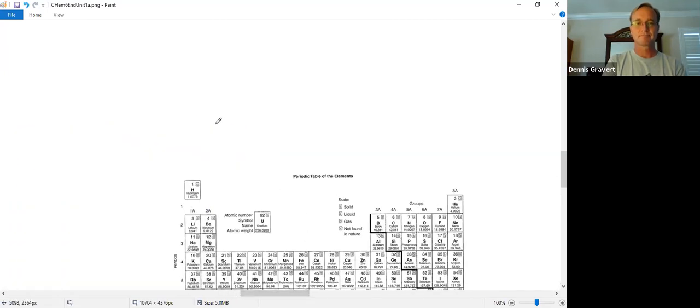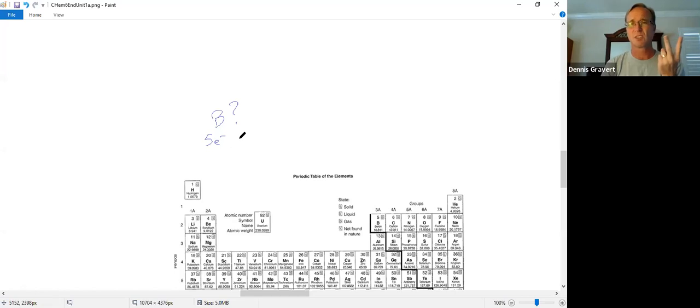Let's do boron. Electron configuration of boron. Well, here's the word boron. There's the symbol B. It's element number 5. There's 5 electrons in there. So where are those 5 electrons? Well, the first 2 are configured just like helium's.